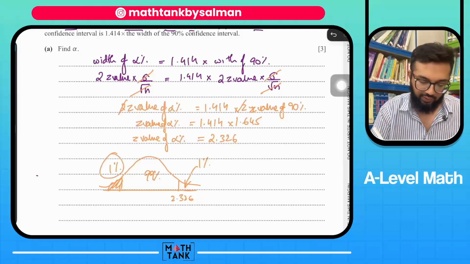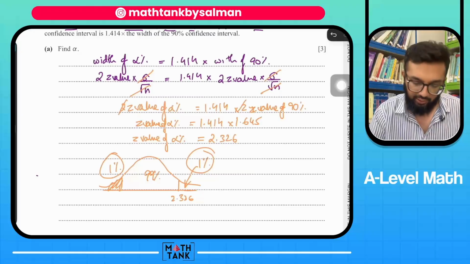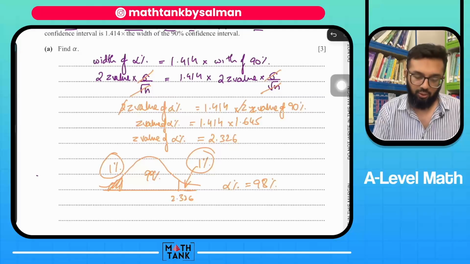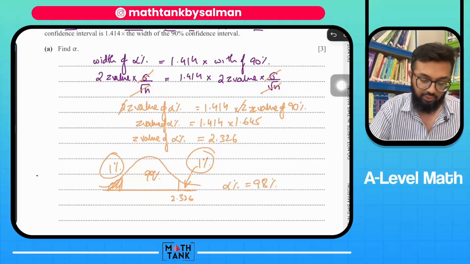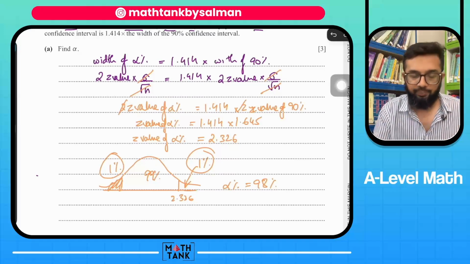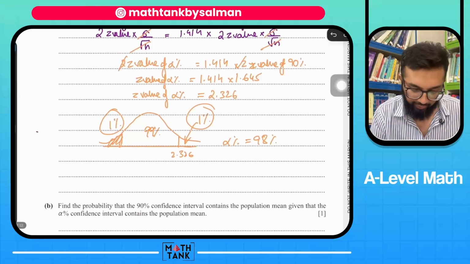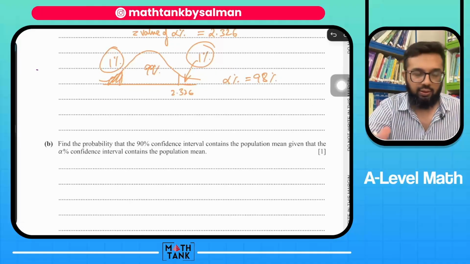So if the tails have 2%, then the confidence level should be 98%, 100 minus 2%. This central area was 99, it's all to the left of 2.326. Let me check if that is the correct answer. Yes, that is indeed the correct answer.